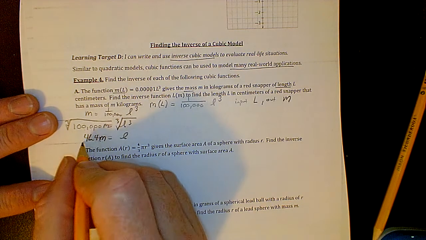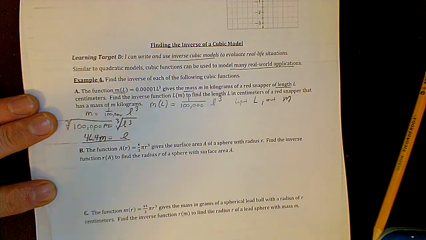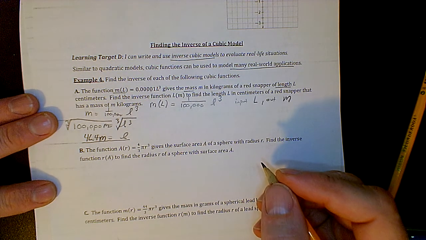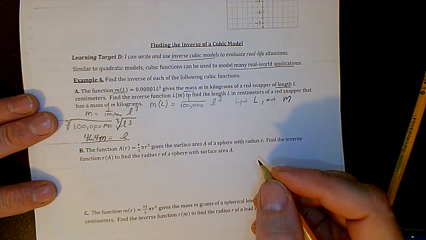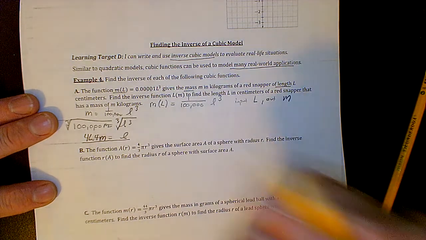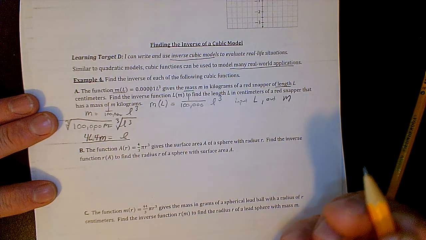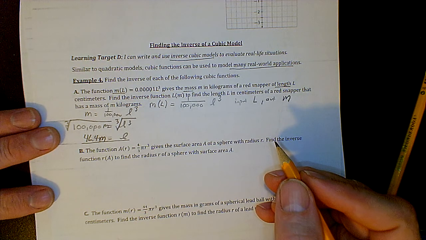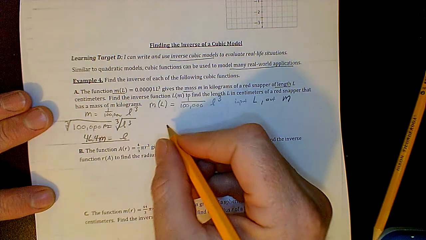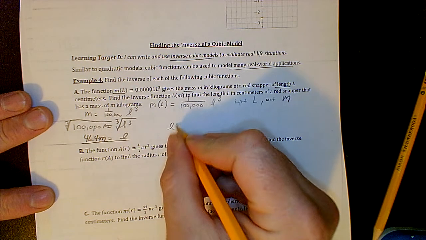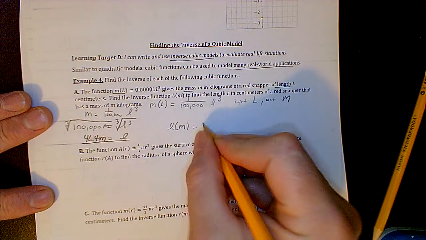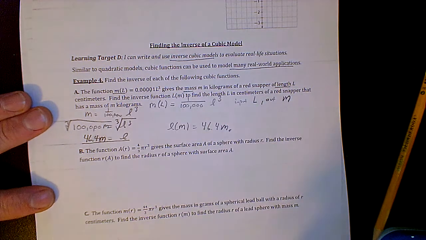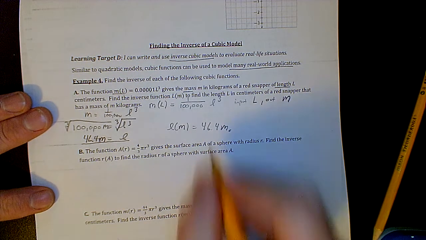So the length is equal to 46.4 times the mass. It says find the inverse, and that is it. So our inverse, L given mass, is equal to 46.4 times the mass. That's it. Nothing to plug in. So let's keep going.